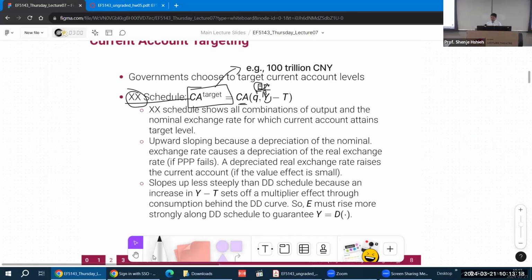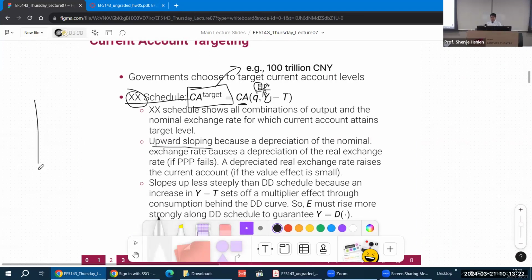So let's talk about the shape of it. I think it's clear it's upward sloping when we plot E versus Y. Why is that? Well, let's hold everything constant, let's hold this term constant.